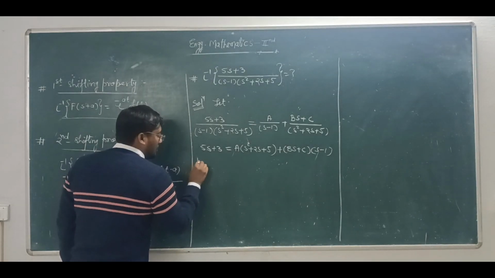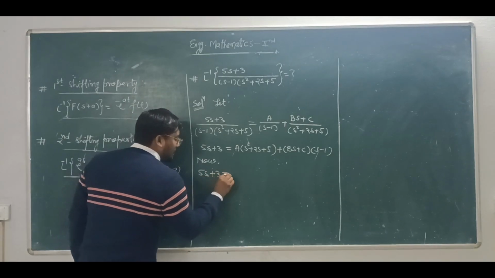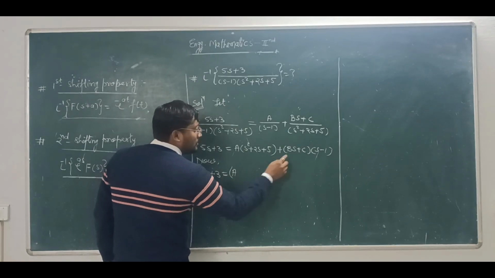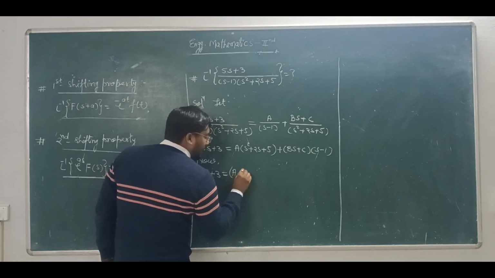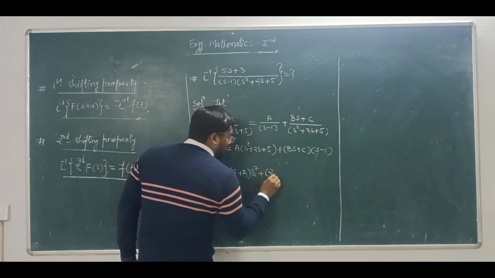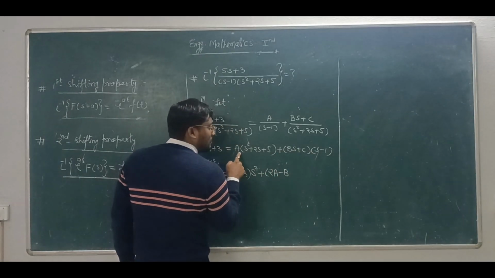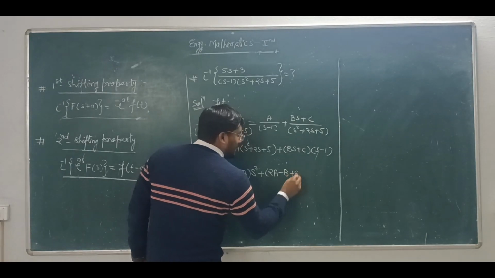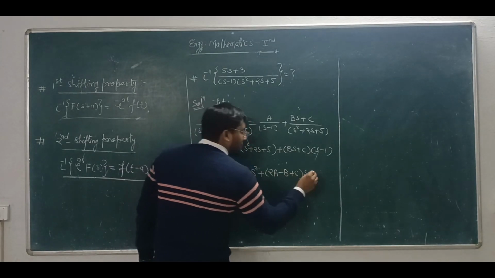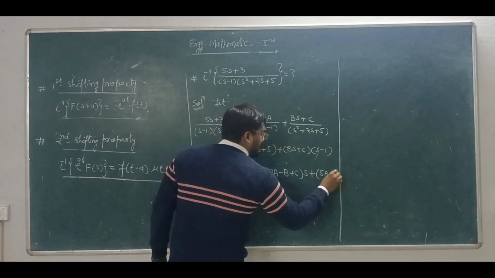Now 5s plus 3 is equal to (A plus B)s square plus (2A minus B plus C)s plus (5A minus C).